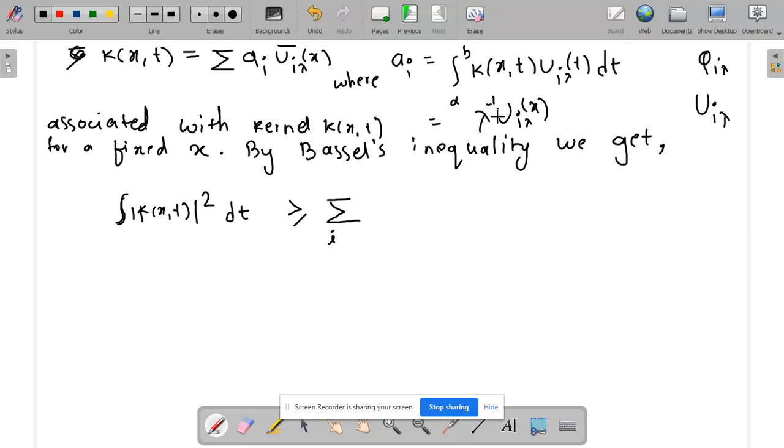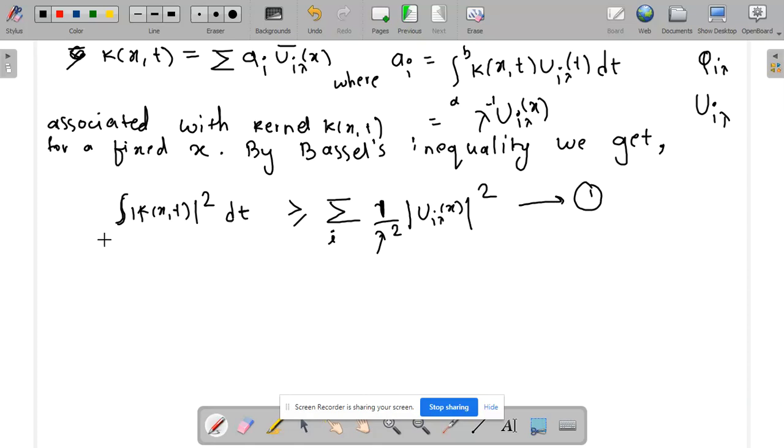Since this is a symmetric kernel, even if I take the mod and then the conjugate, this will be 1 upon λ squared, because if it's a symmetric kernel then the eigenvalue is real. So even if I take the mod of this, it will remain as 1 upon λ. And we are taking mod squared, so it will be 1 upon λ squared into the mod of this ui λ of x, this squared.